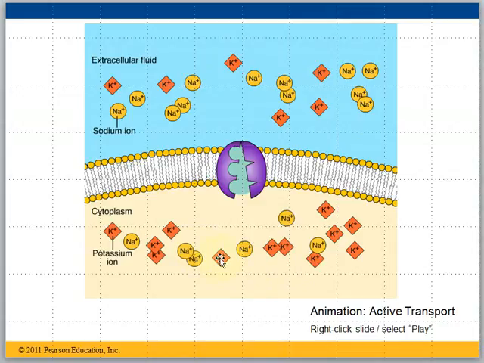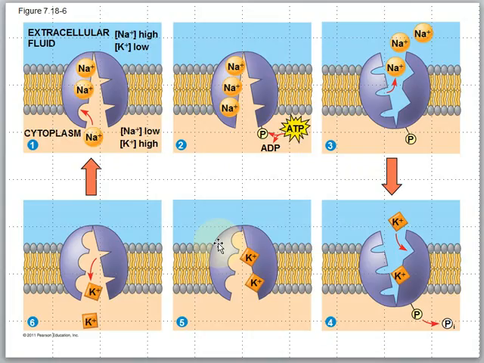So what that does is it causes an imbalance where we have more positive charge outside of the cell than inside the cell. The cell needs this, and we'll talk about that in just a moment as to why, but this increases what we call membrane potential. You're building up electrical potential energy because the charge difference outside the cell doesn't match what's inside the cell. So hit right click and play and take a look.